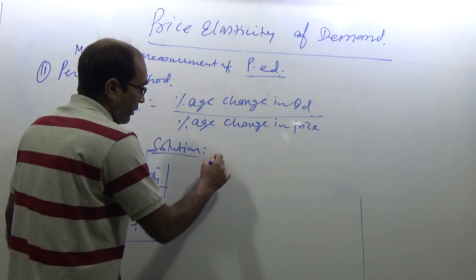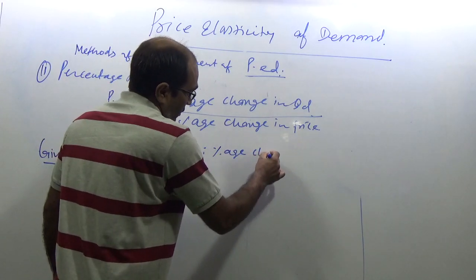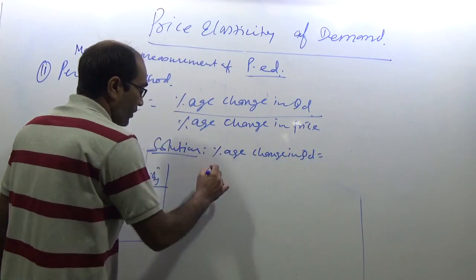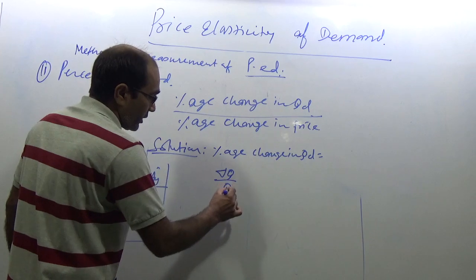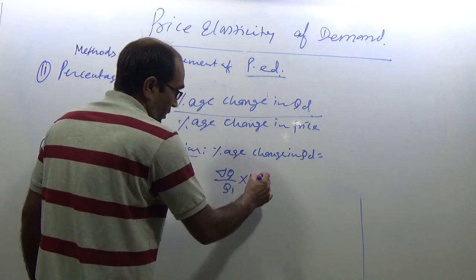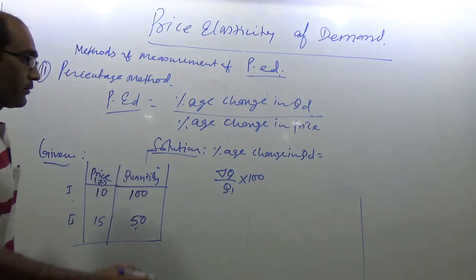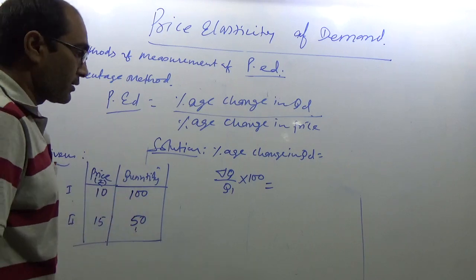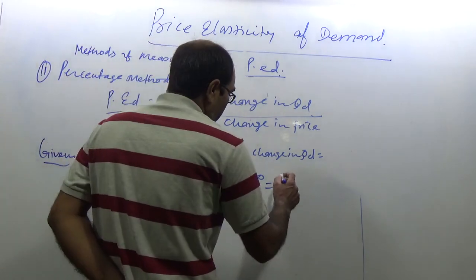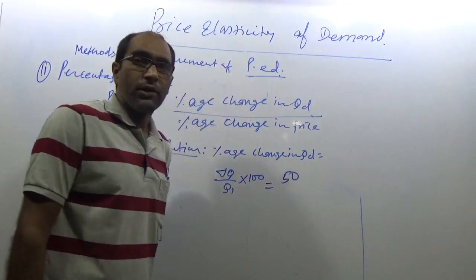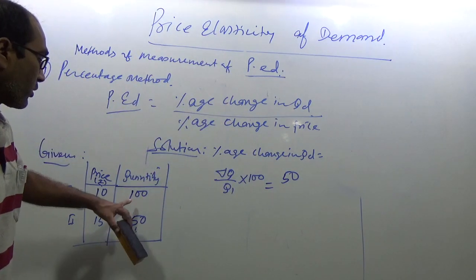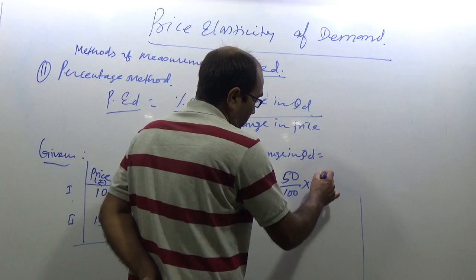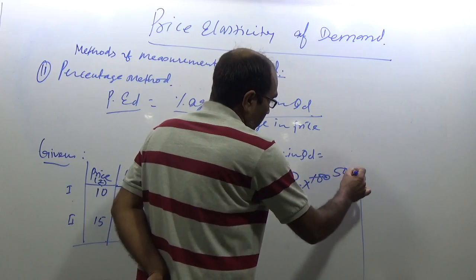First we have to calculate percentage change in QD equals delta Q, change in quantity, upon original quantity into 100. Put the value, delta Q 50 minus 100 equals minus 50, we have to ignore the algebraic sign, 50 upon original quantity 100 into 100 equals 50%.